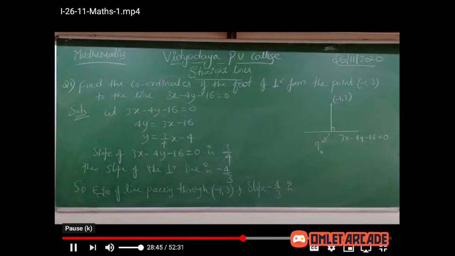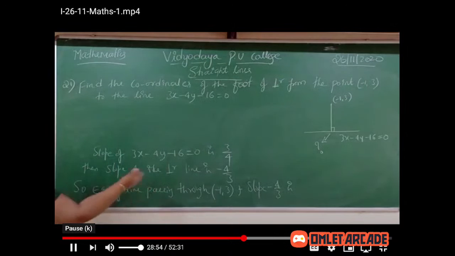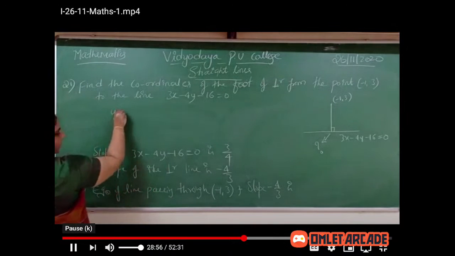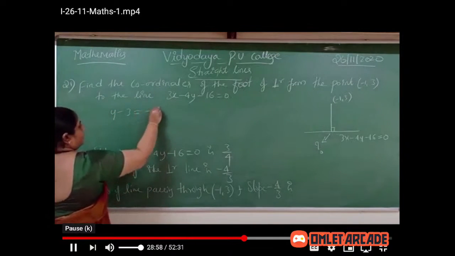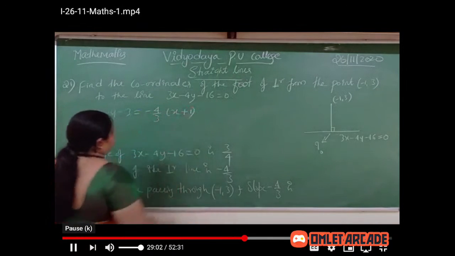Let me continue here. Pause the video and just copy this. What is the equation? y minus 3 is equal to minus 4 by 3 into (x minus of minus 1), that is x plus 1.